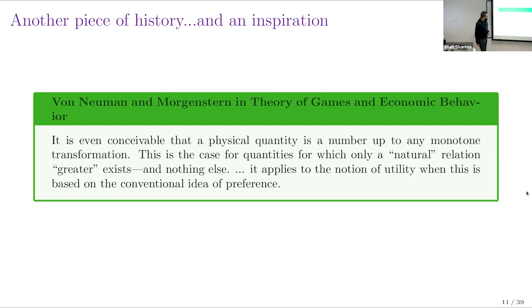Now, another piece of history is again out of von Neumann and Morgenstern's book. It says it's even conceivable that a physical quantity is a number up to any monotone transformation. This is the case for quantities for which only a natural relation greater exists and nothing else. It applies to the notion of utility when this is based on the conventional idea of preference.